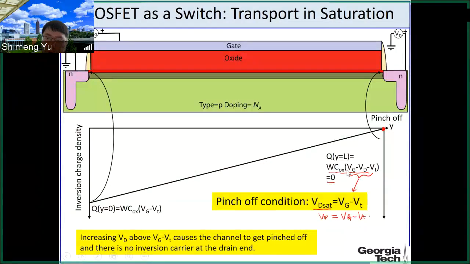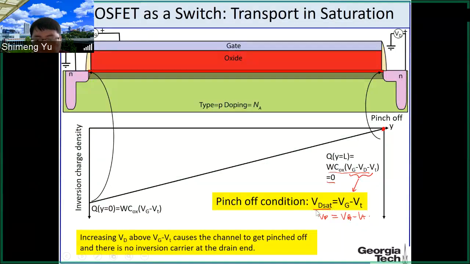So before pinch-off, the drain voltage is smaller than Vg minus Vt. But after pinch-off, the drain voltage is larger than Vg minus Vt. This drain voltage at the turning point is called Vd sat. The sat is the saturation.